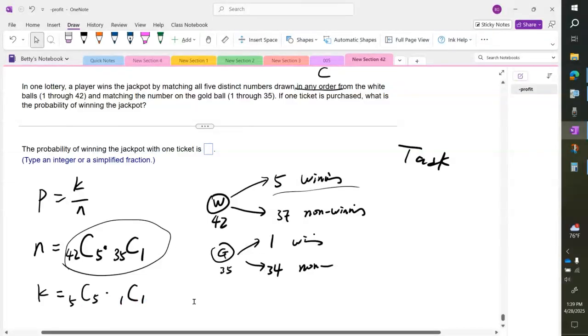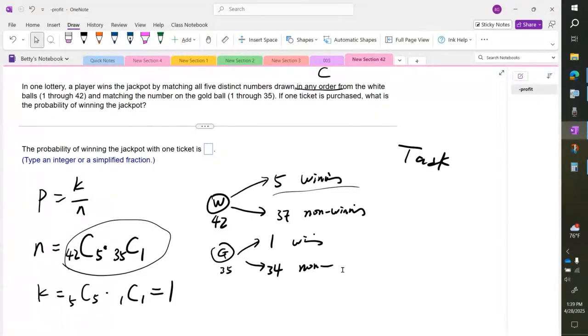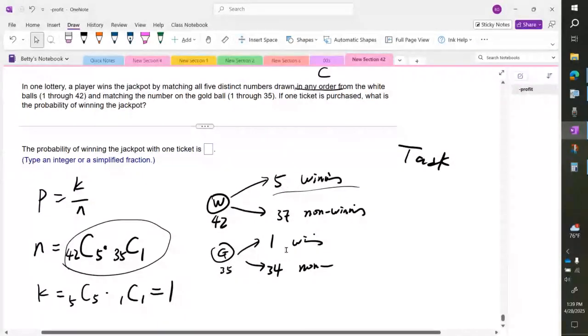So C(5,5) times C(1,1) is just 1. If you have a superpower and want to earn the jackpot, there's one way to get it done.